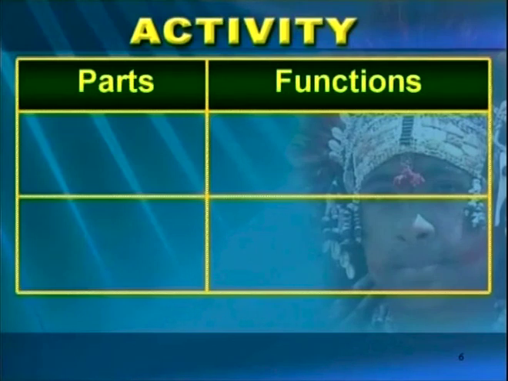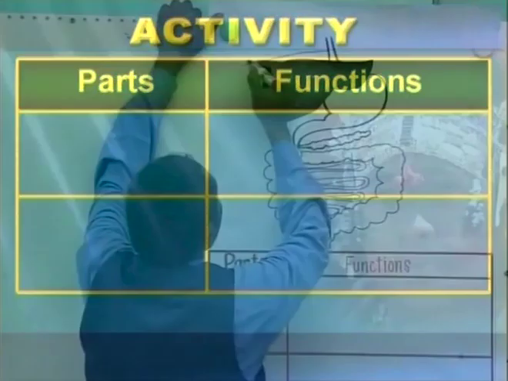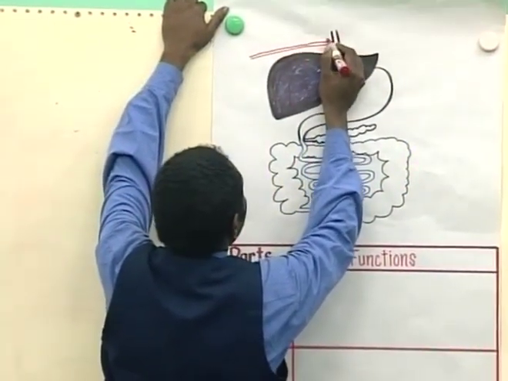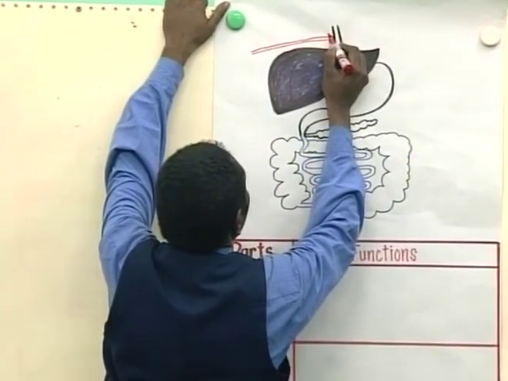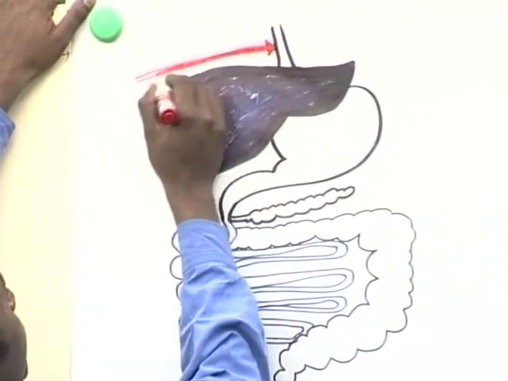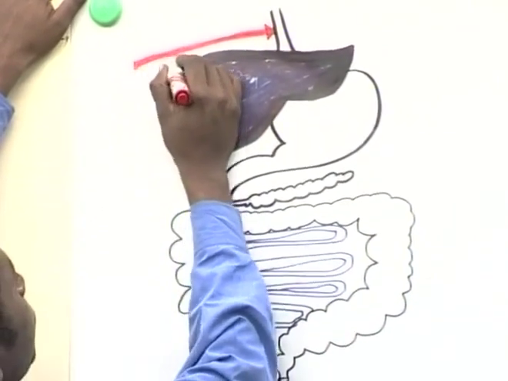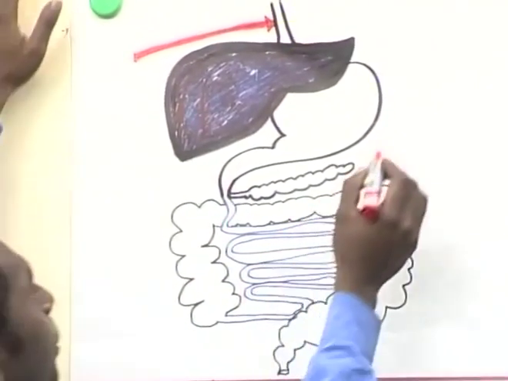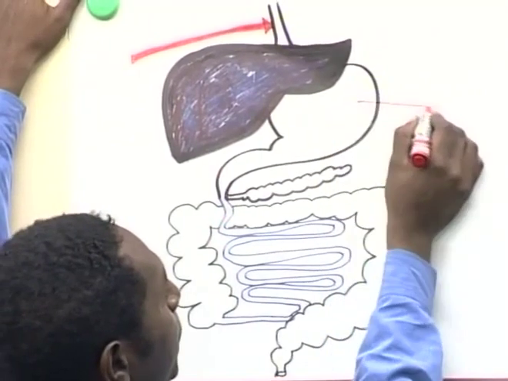Now for the activity today, receiving students as well as the class, you will be looking for this part here. You look for this part. This is the part that you are going to be looking for. And then you are going to name the function. What does it do? What is the function of this part? And you are also going to look for the function of this part.